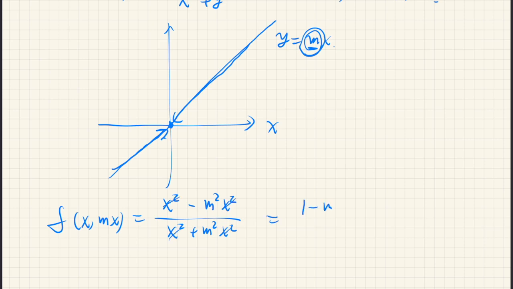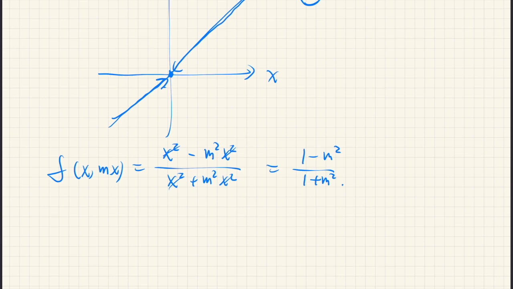So 1 minus m squared over 1 plus m squared. Okay. So since this does not involve any x anymore, this will converge to just this value as xy approaches 0, 0.